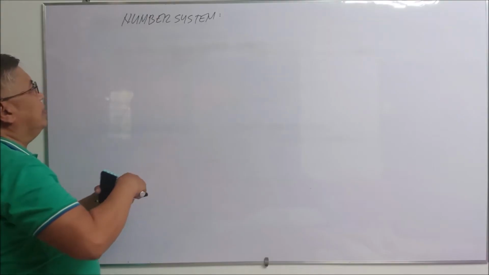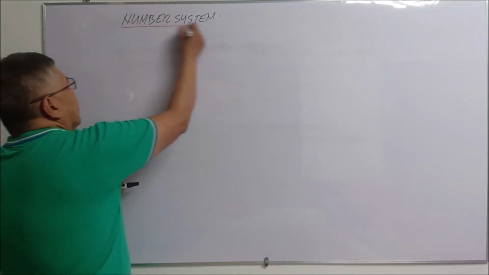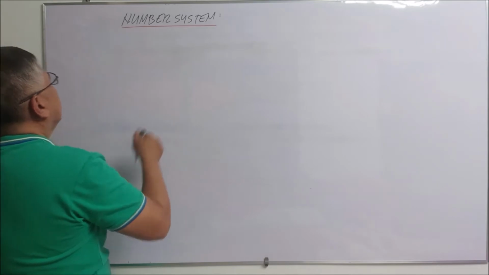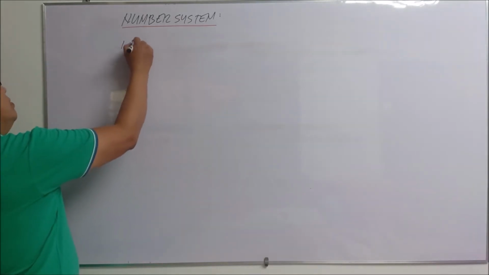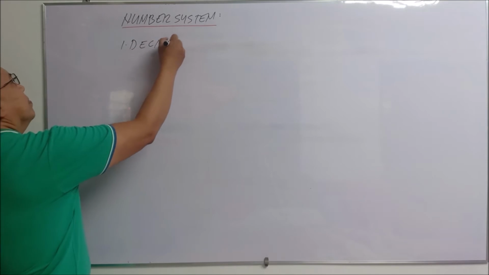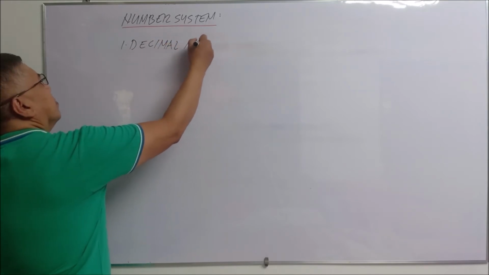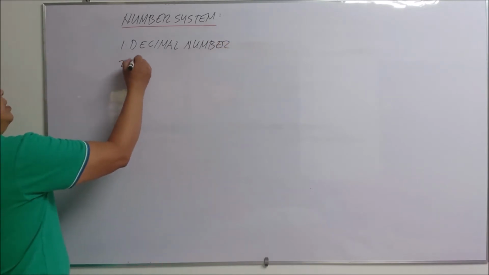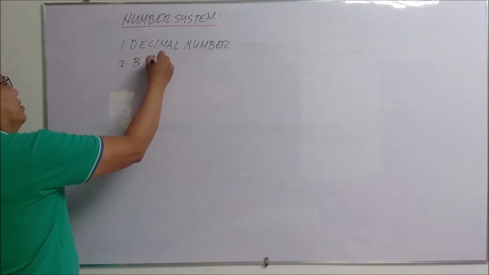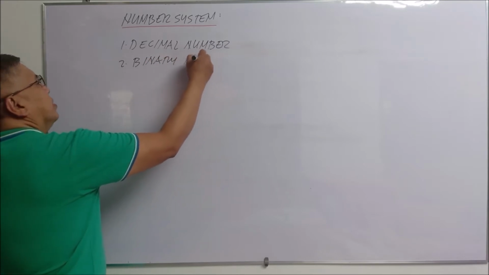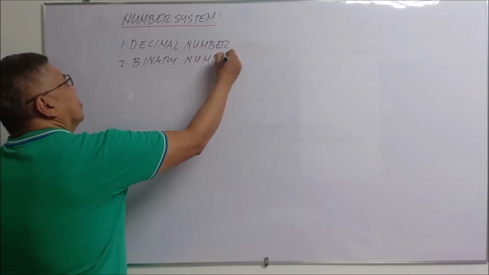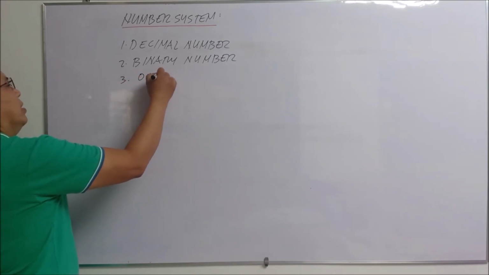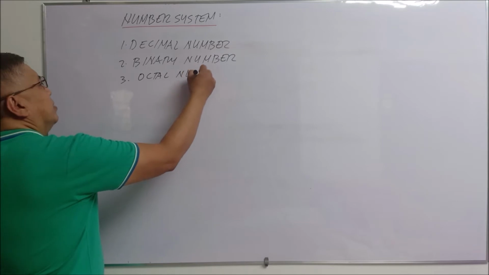So there are different types of number system. One is the decimal number system. The other one is the binary number system. Then we have the octal number system.